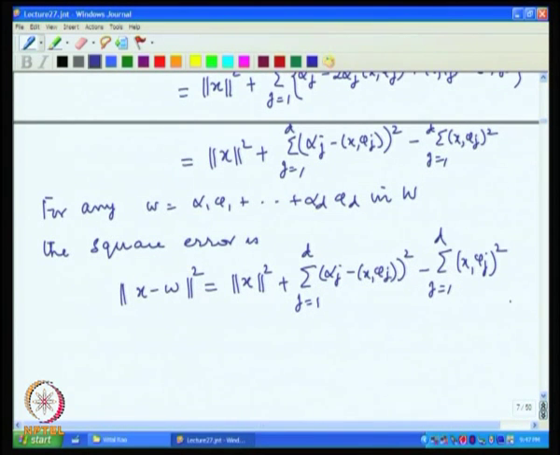Now, we are trying to minimize the error. When we are saying that we are minimizing the error, this means we are minimizing the right hand side.